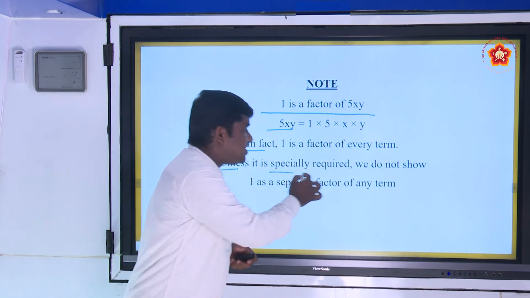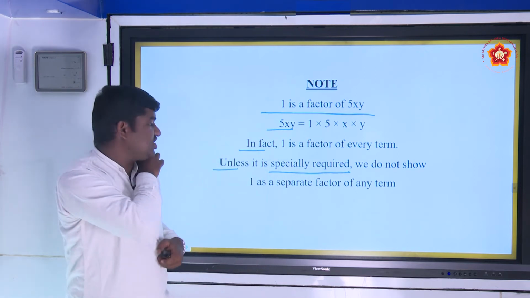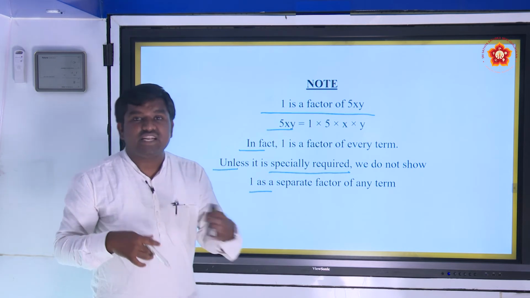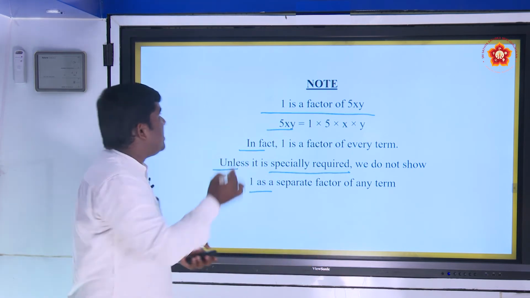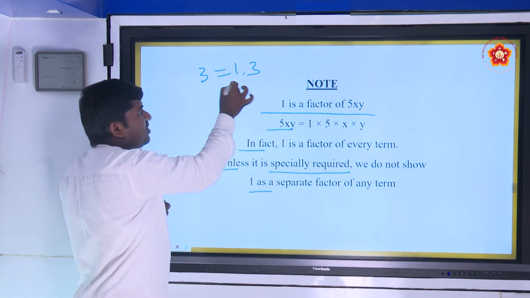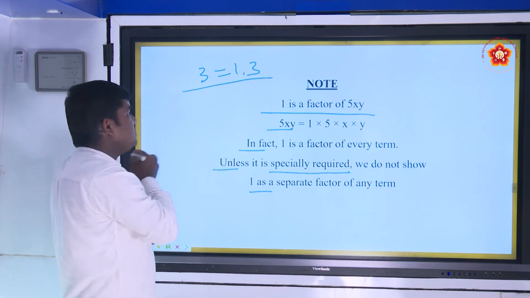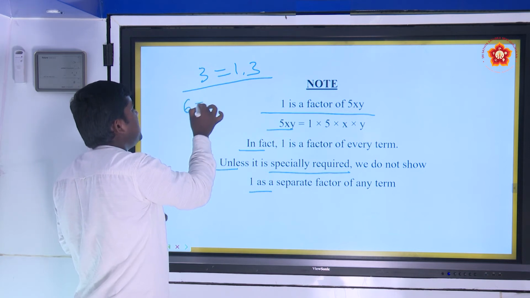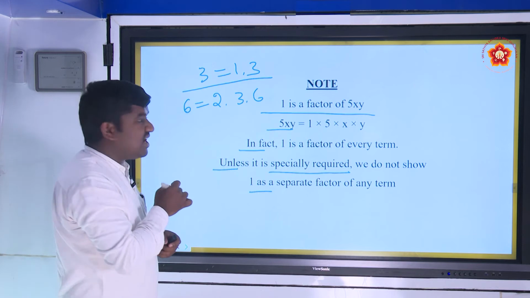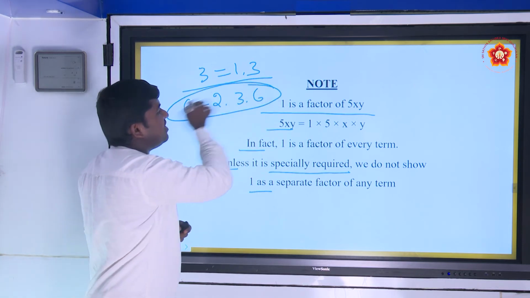You know that 1 is a factor of every term. Unless it is specially required, we do not show 1 as a separate factor of any term. To write the factors of 3, we write 1 into 3, because it's a prime number. To write the factors of 6, we write 2, 3 and 6, because here 1 is not required.